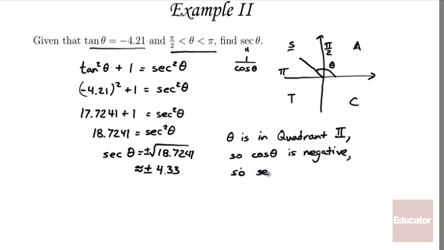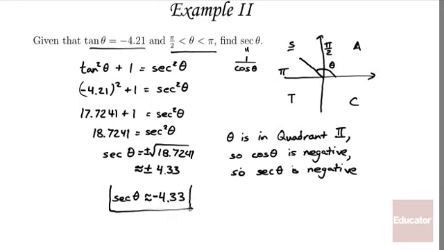So secant theta, because that's 1 over cosine theta, is negative. So secant theta, we want to take the negative square root there, and we get an approximate value of negative 4.33. So that negative is very important.